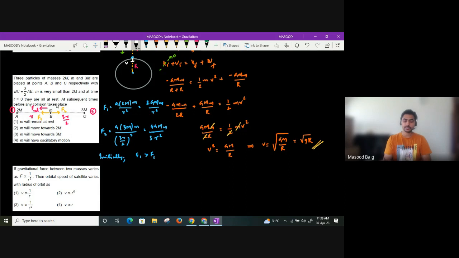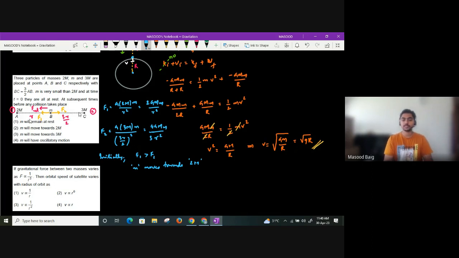So initially small m moves towards 2m. As it is moving towards 2m, what will happen to the smaller distance value? It decreases, which means the force due to 2m will try to increase. What will happen to the 3r by 2 value? It increases.